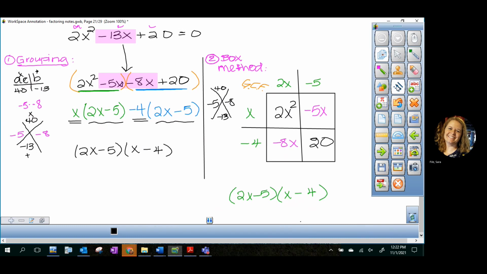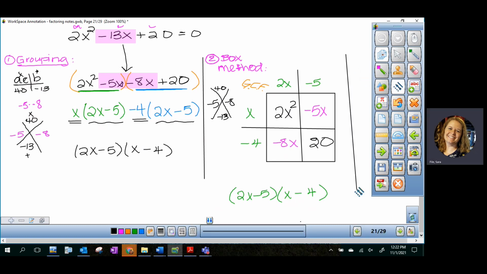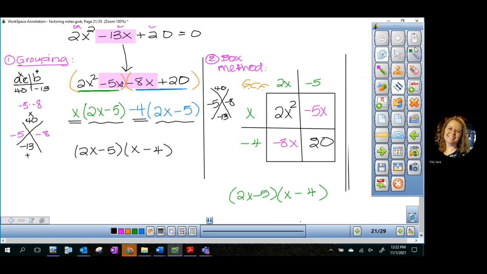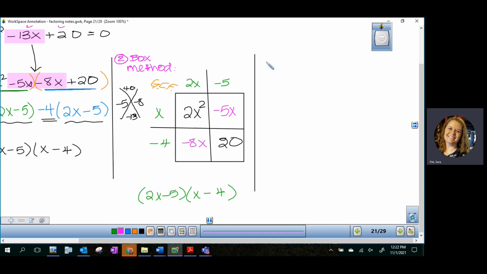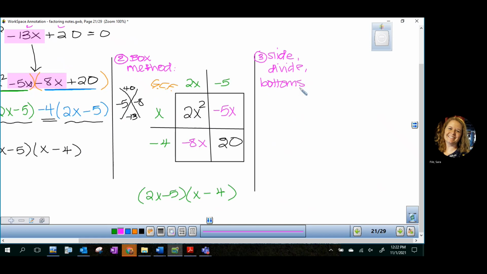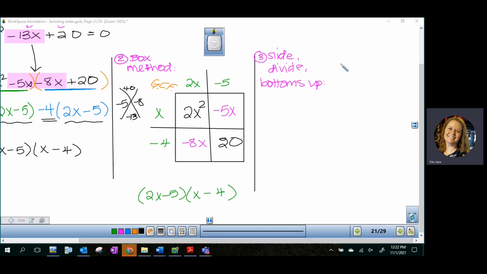And last but not least, I don't know how many were taught this method, but it's called slide, divide, bottoms up. Okay, so we have our equation.